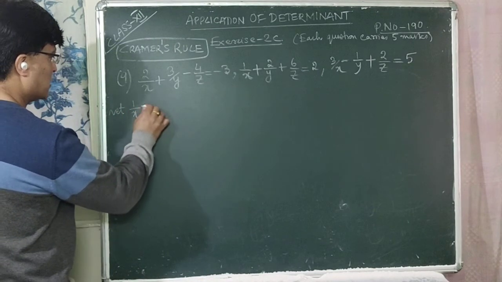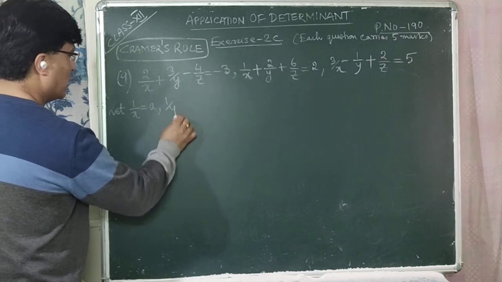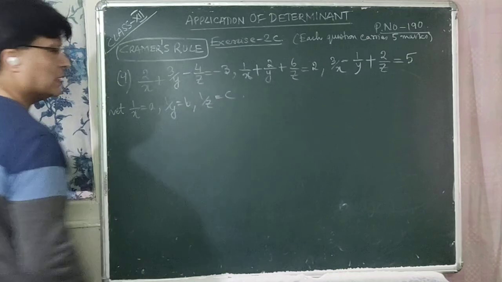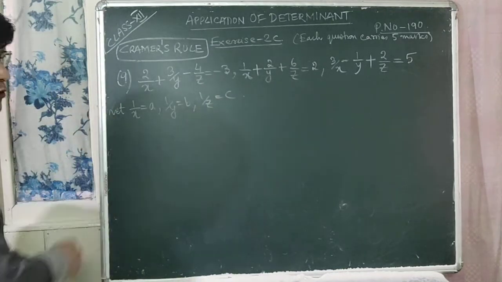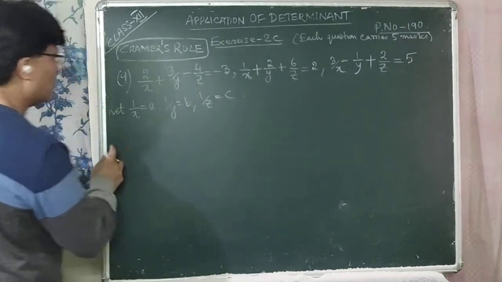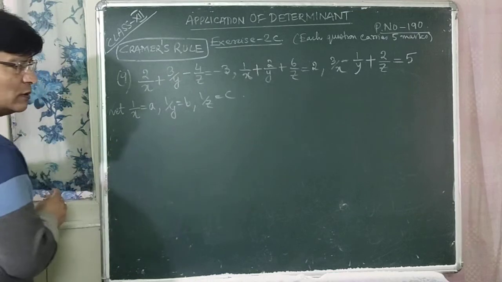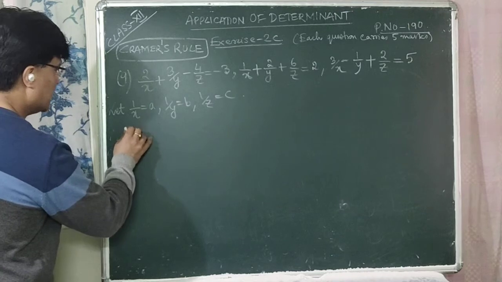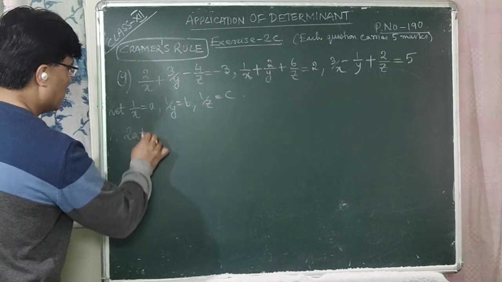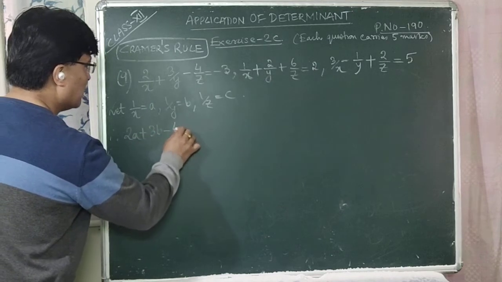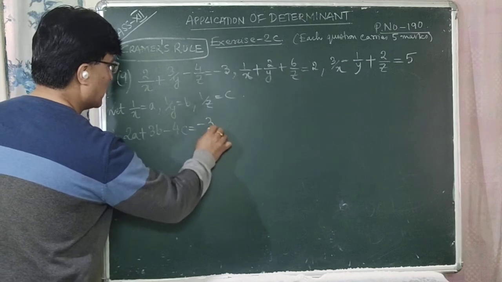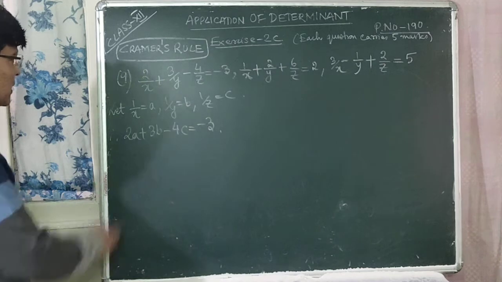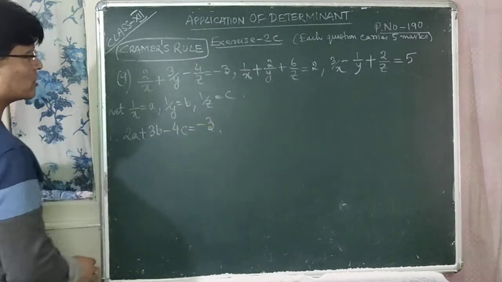Therefore the given equations now become: the first equation is 2a plus 3b minus 4c is equal to minus 3.